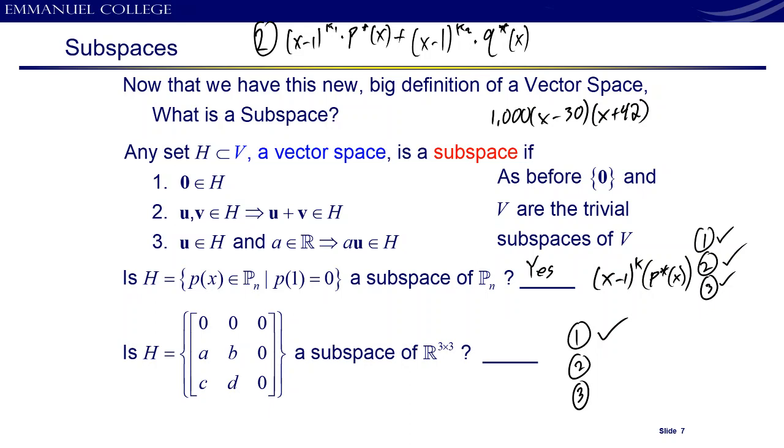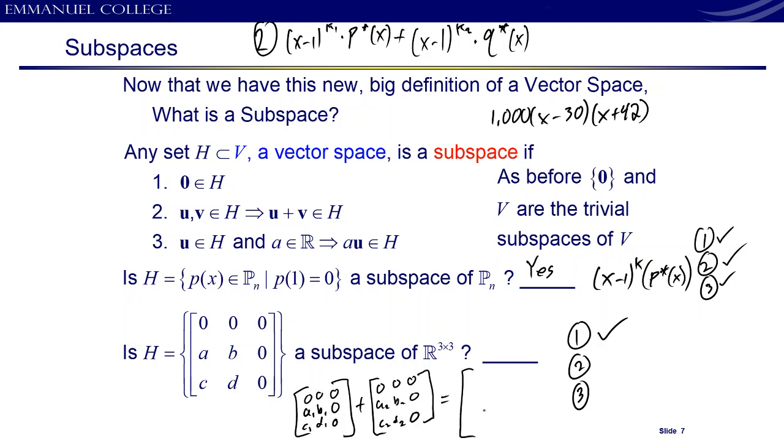If I add 2 of them together, let's get messy for a second. So 0, 0, 0. And I'm going to call this A1, B1, 0, C1, D1, 0, plus 0, 0, 0, A2, B2, 0, C2, D2, 0.